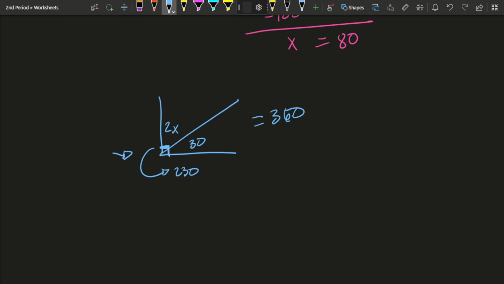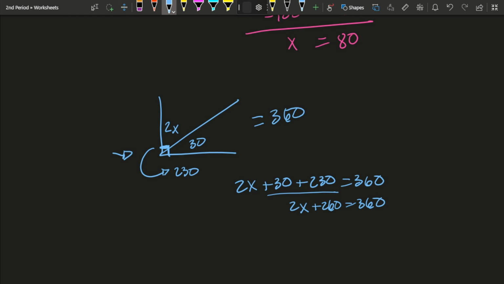So let's make it a little more complicated, 2x. So I can do 2x plus 30 plus 230 equals 360. Then I can combine my like terms. So 2x plus 260 equals 360. Okay?